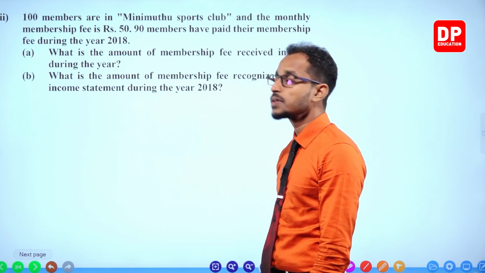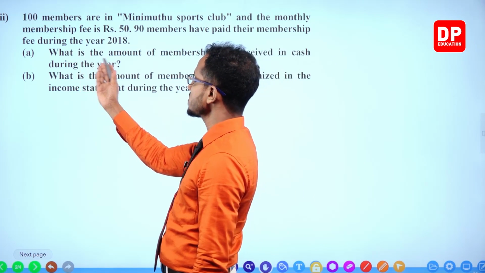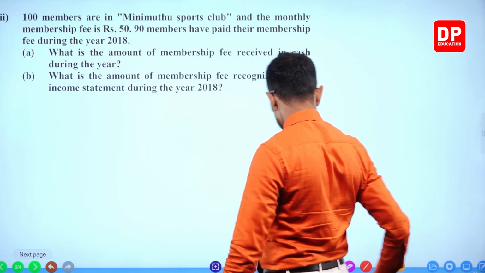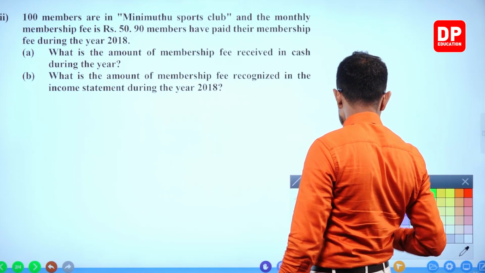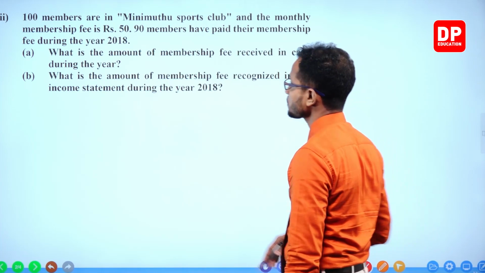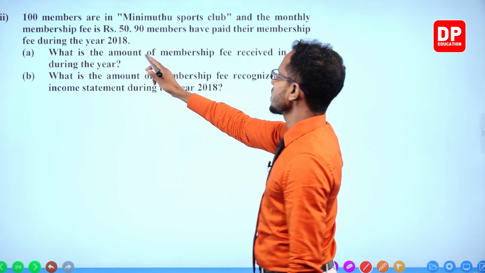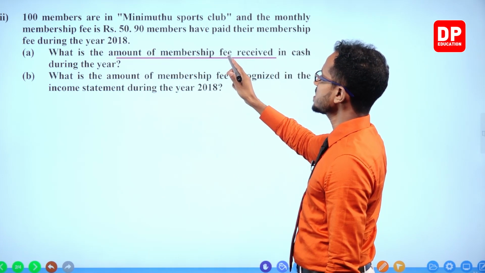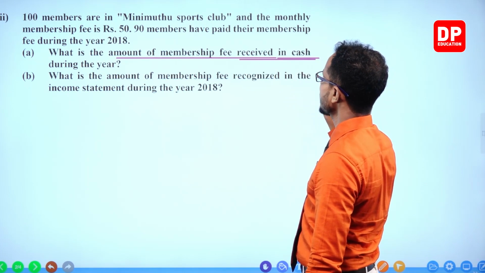Now what are they asking? What's the amount of membership fee received in cash during the year? What is the amount of membership fee received? Now, notice this. Received in cash. This is what they're asking.